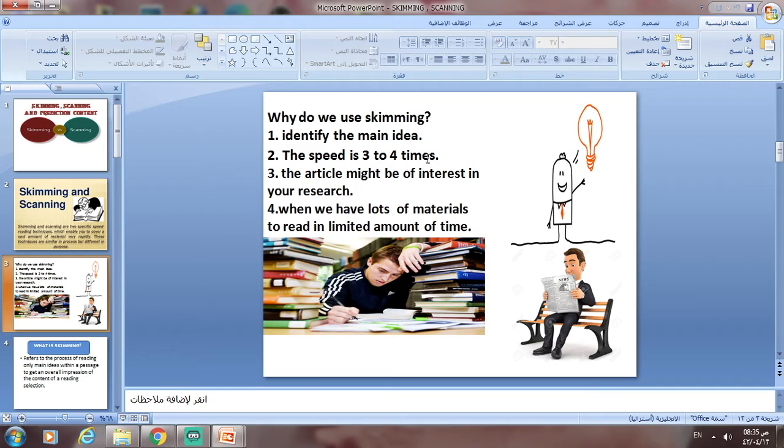And people often skim when they have lots of materials to read. Or in case you want to see if an article may be of interest in your research, like if you have a research and you want to see that this article is useful for you, you can do skimming, okay?